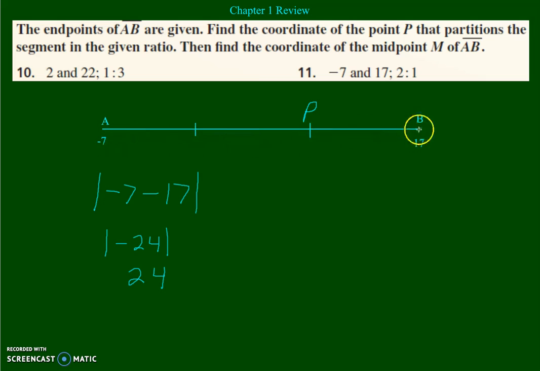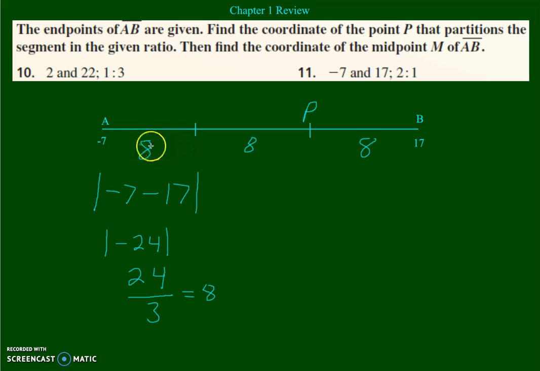That's the total length of AB. We divide it by the number of pieces, which is 2 plus 1, 3. So we divide 24 by 3. That gives us 8. So each one of these pieces is 8 units long. So this piece is 8, 8, and 8.